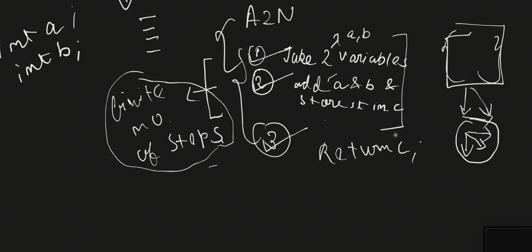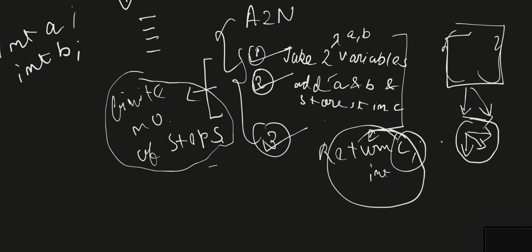Like here we can see that it is returning at least one output, that is an integer. So whenever you are writing an algorithm, always make sure that it produces at least one output. Now the third point is that each and every step has to do something. As we can see, each and every step is effective. The fourth point is that it should be deterministic.